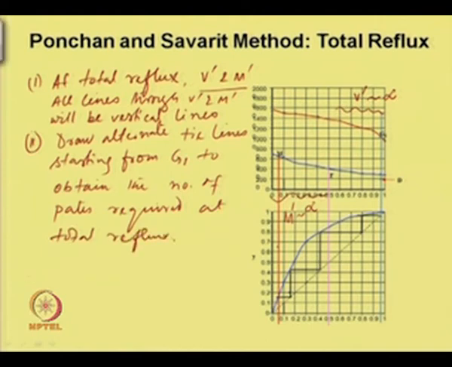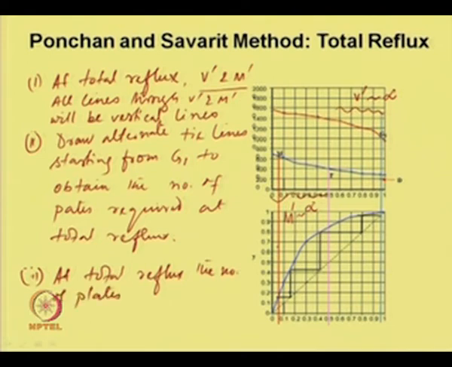So, at total reflux, the number of plates will be minimum.